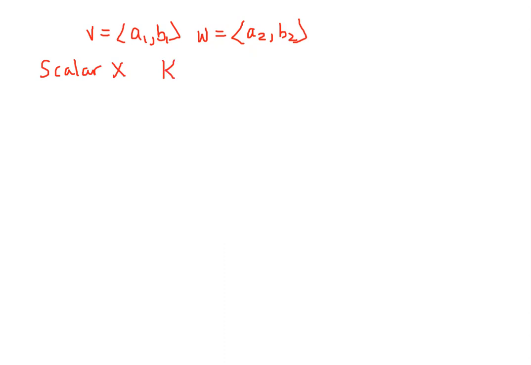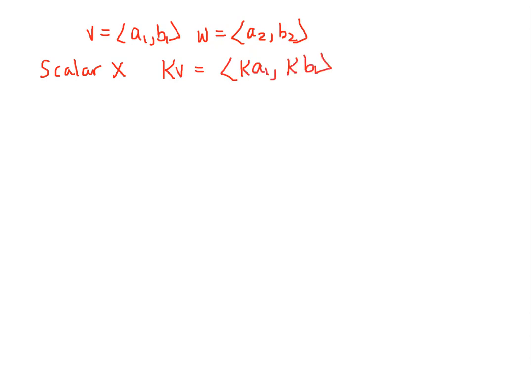So let's look at down here. If v is a1, b1, and w is a2, b2. So this is in component form now. These vectors are in component form right here. Then for scalar multiplication, so if we wanted to say k times v, that's just going to be k times a1, k times b1.